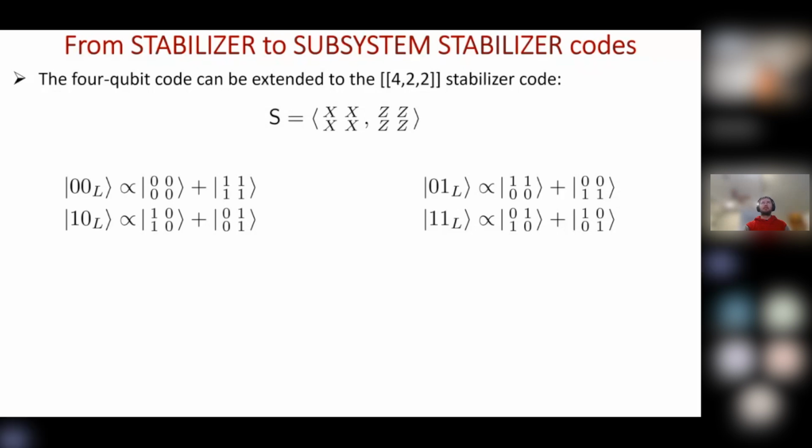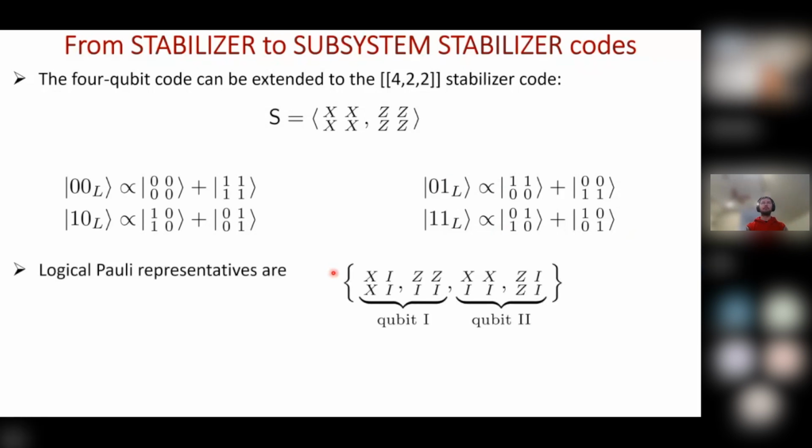So it has two logical qubits, and its stabilizers are all X and all Z. And its logical code words are here. So the first two are the ones that we already know very well from the 412 code, and then the second two are these additional ones. Turns out that you can fit them. Yeah, I think I mentioned this in the CSS construction.